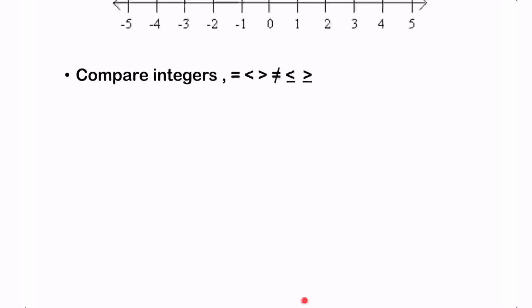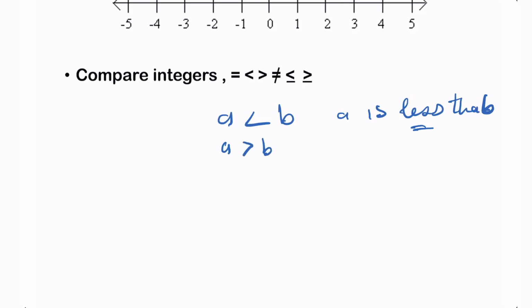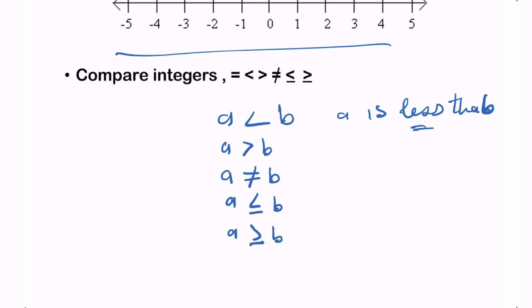The notation A is smaller than B simply means that A is less than B. Also the notation A is bigger than B, and then also A is not equal to B, and then the notation A is less than or equal to B, or A is bigger than or equal to B. You can use integers to compare with one another using the number line.